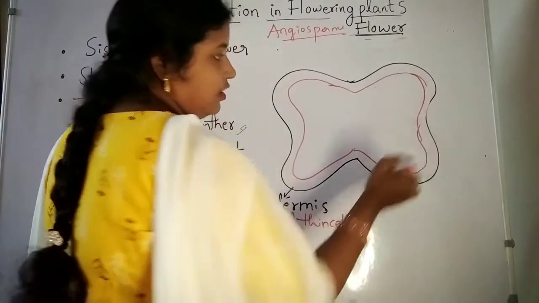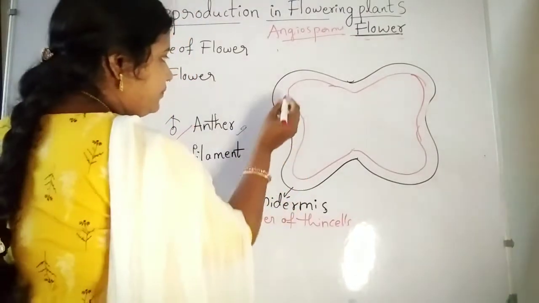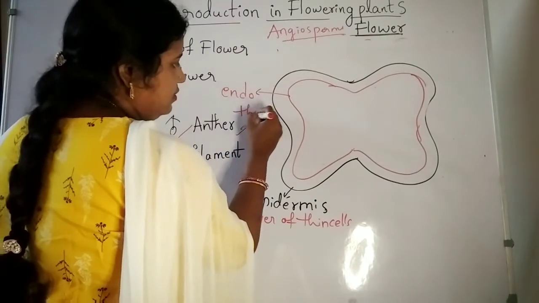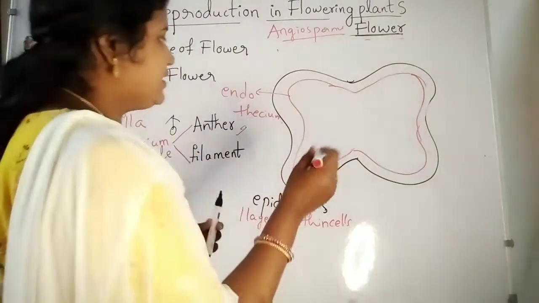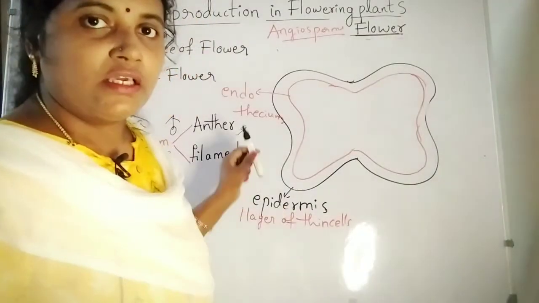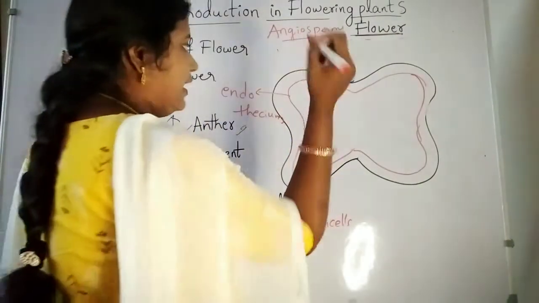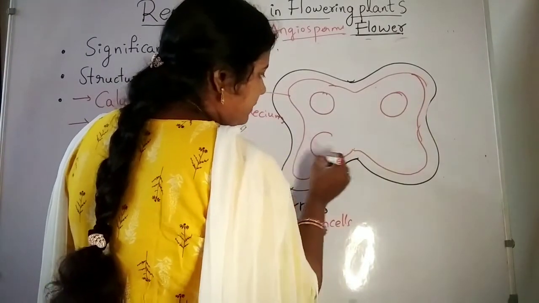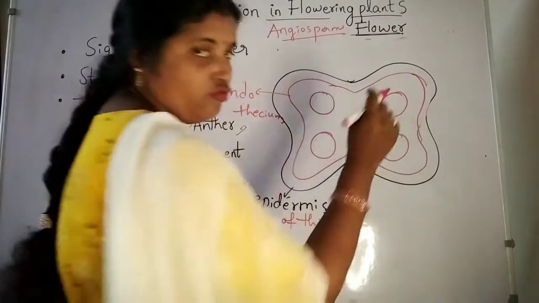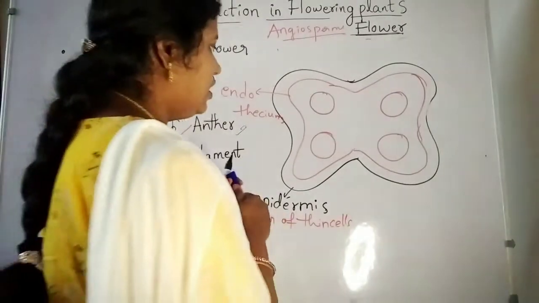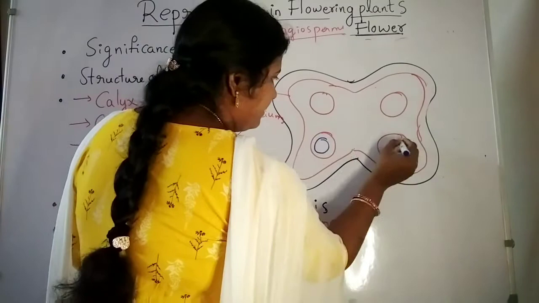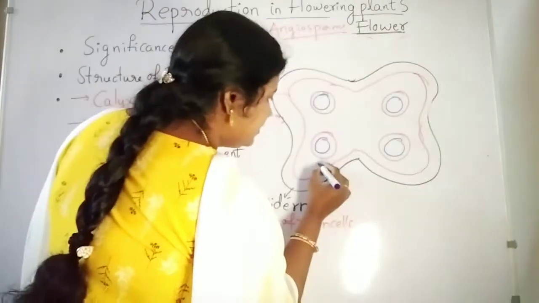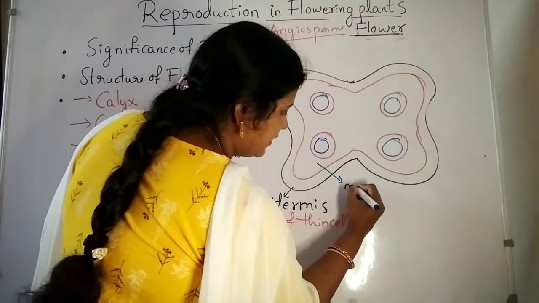The next layer, below the epidermis, is the endothecium. And then the innermost structure is known as the tapetum. In between, it contains the middle layer.